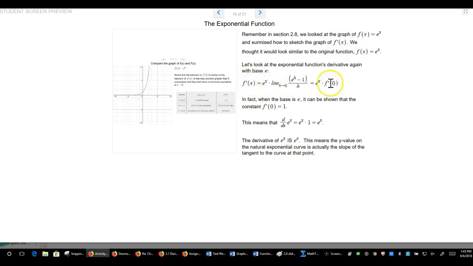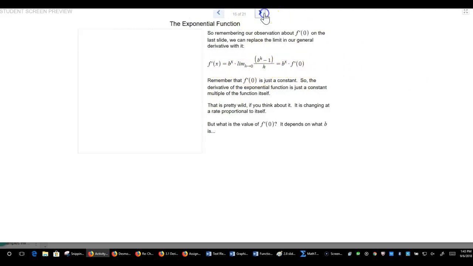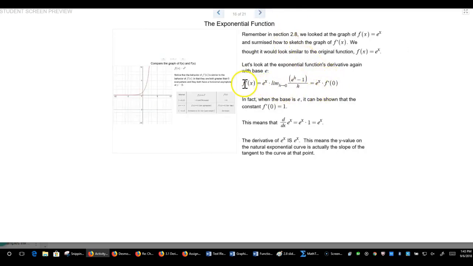Going back to what we just saw, that the derivative of the exponential function is just a constant multiple of the exponential function, that means that the derivative of e to the x is just e to the x times f prime of 0, which is just this derivative evaluated at 0.